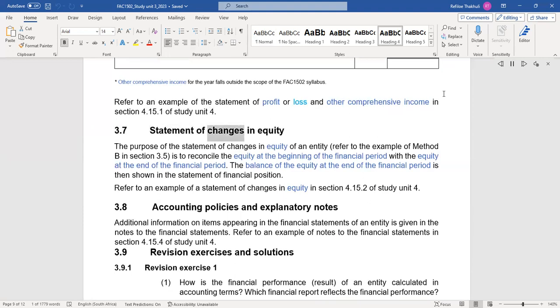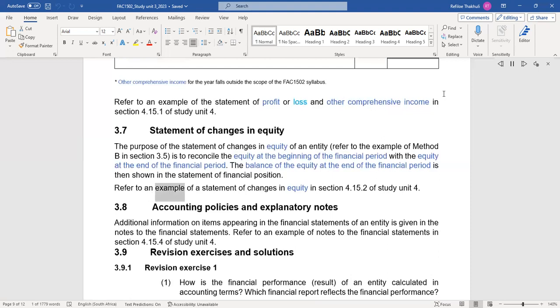3.7 Statement of Changes in Equity. The purpose of the statement of changes in equity of an entity, refer to the example of Method B in section 3.5, is to reconcile the equity at the beginning of the financial period with the equity at the end of the financial period. The balance of the equity at the end of the financial period is then shown in the statement of financial position.